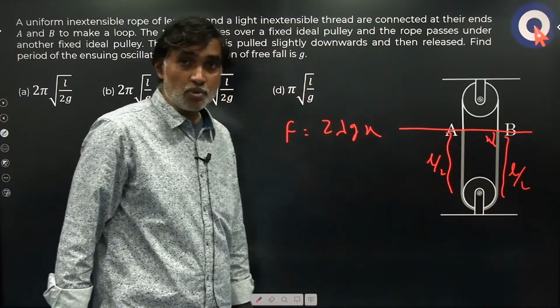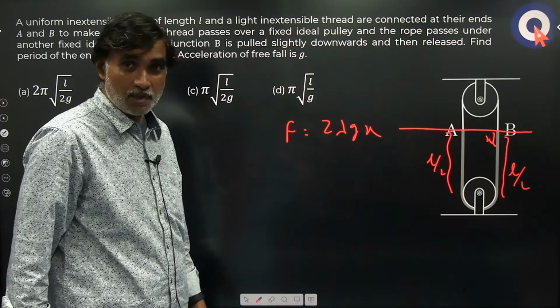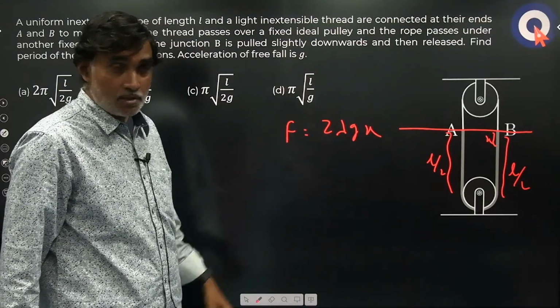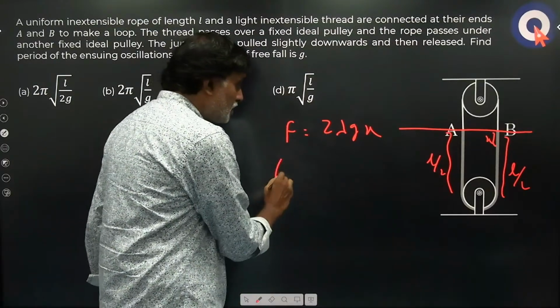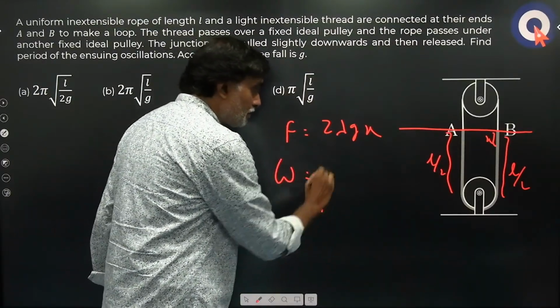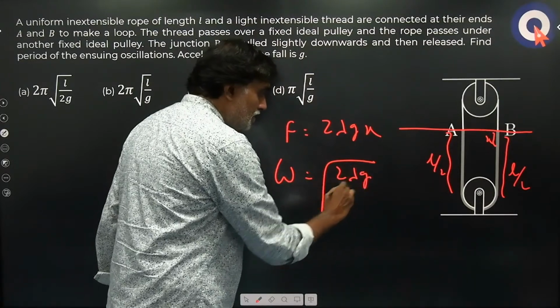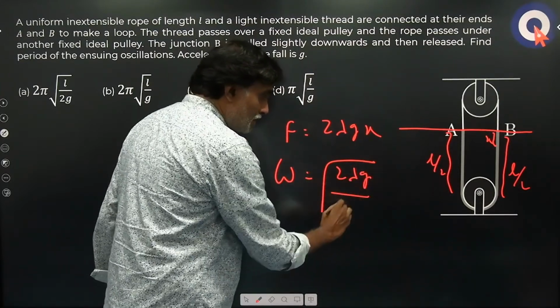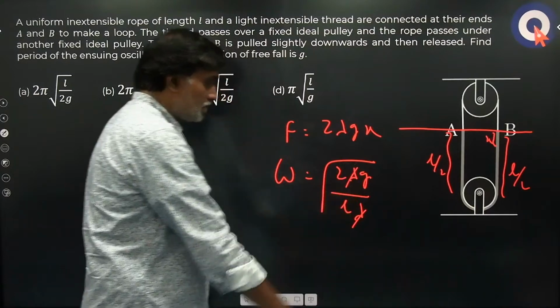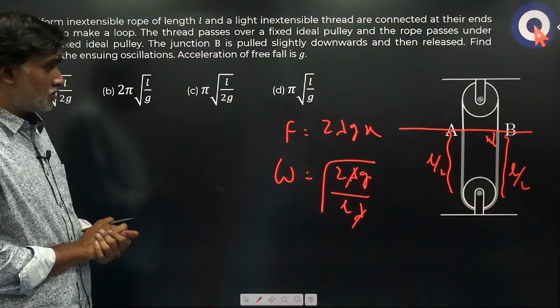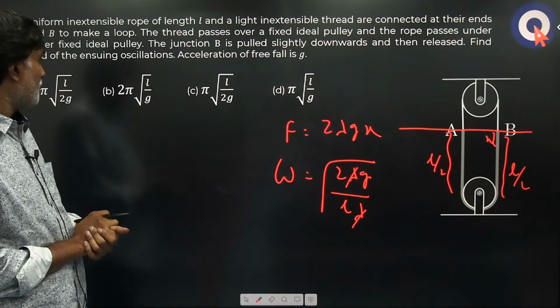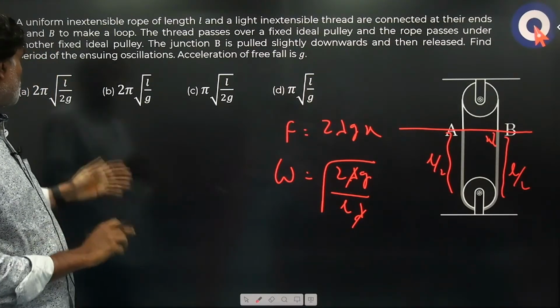The restoring force is proportional to x, as we have shown, so it executes SHM. The angular frequency of oscillation is the root of the coefficient of x by m, that is 2 lambda g by the mass, which is L lambda. So it is under root 2g by L. The time period is 2 pi root L by 2g. That is option A.